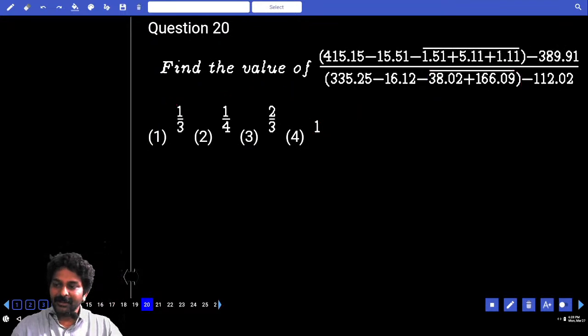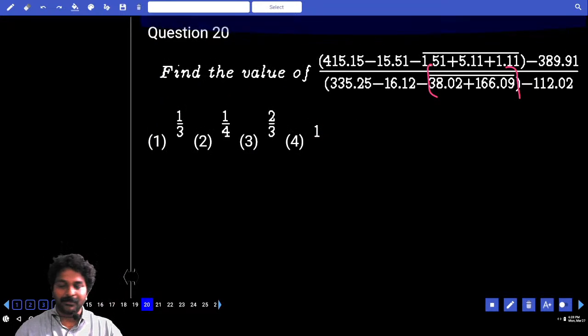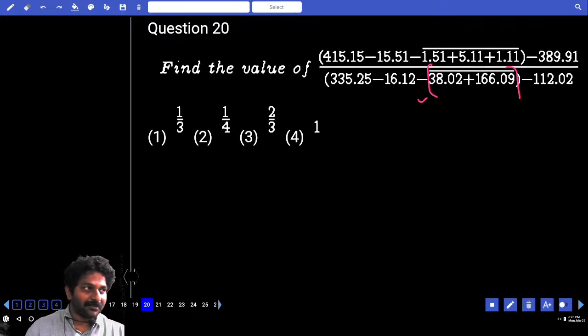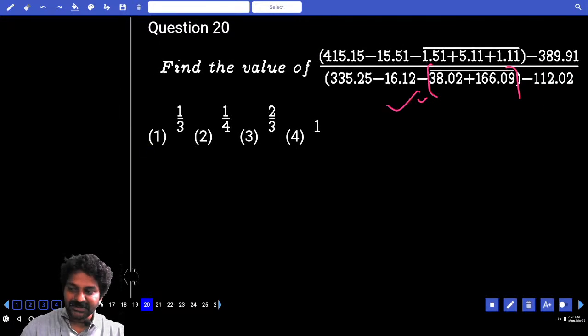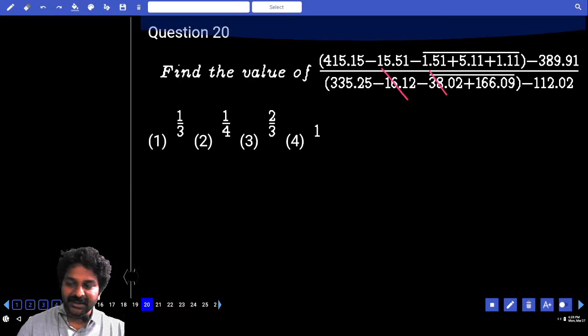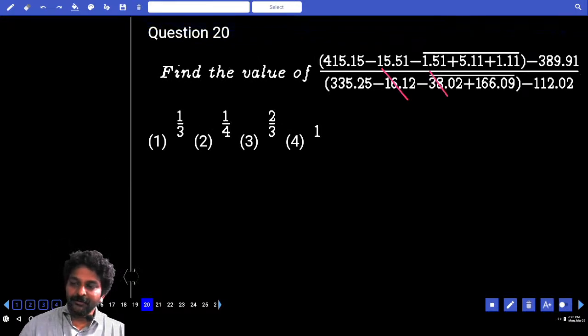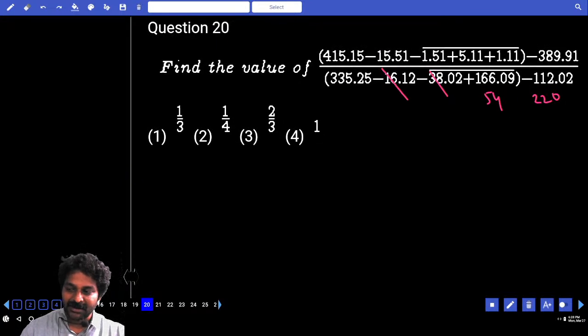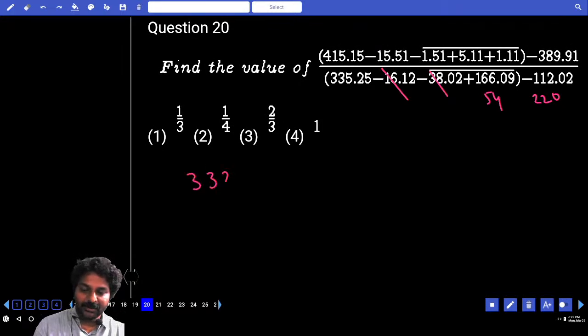So luckily here also in this vinculum both the numbers are positive and the vinculum has a negative. That means both the numbers are negative. This is negative, this is negative. Yes? Right. 1638. 54 + 116, 220, 220 plus this number 112, 332.